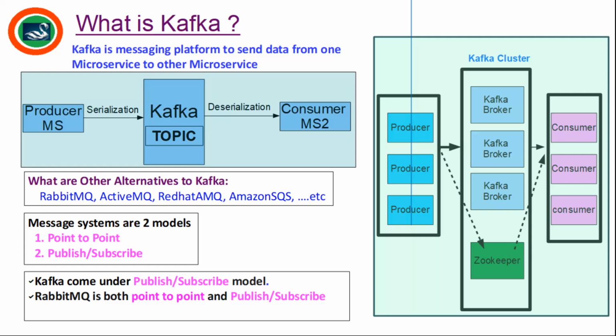Suppose you want to send the data to multiple consumers, then we need to publish the data into a Kafka topic first, so that it can be subscribed to by the different consumers. So the publish subscribe model is better when we want to send data to multiple consumers. Kafka comes under the publish subscribe model, whereas RabbitMQ supports both point to point and publish subscribe. So this is about the fundamentals of what Kafka is.